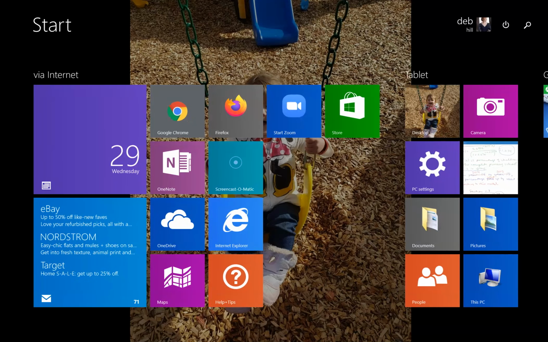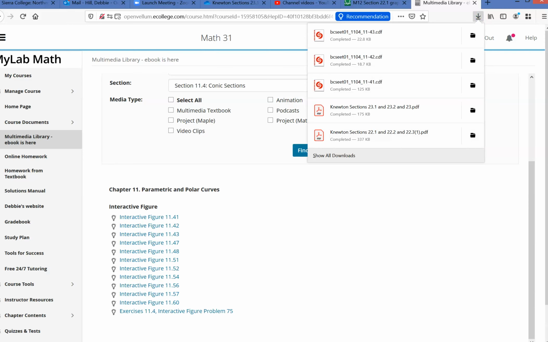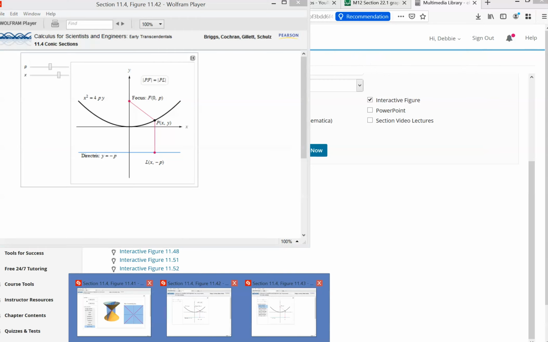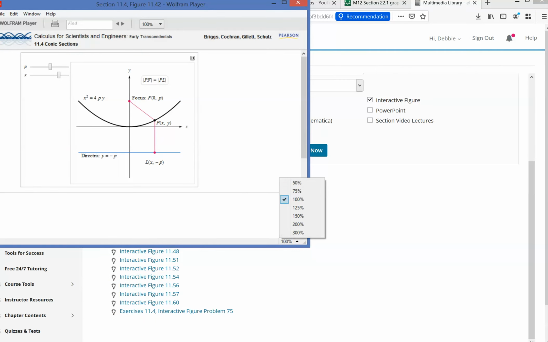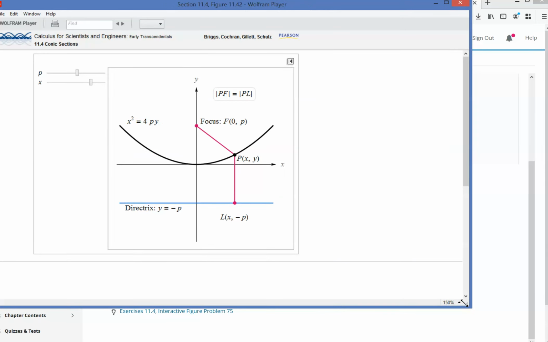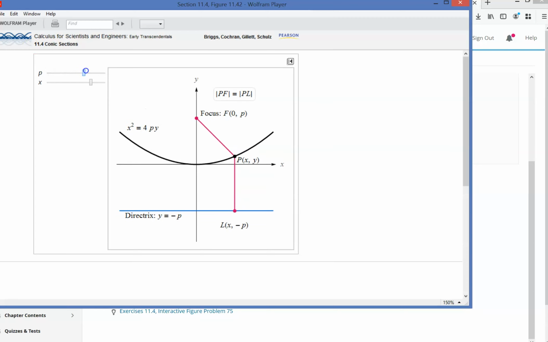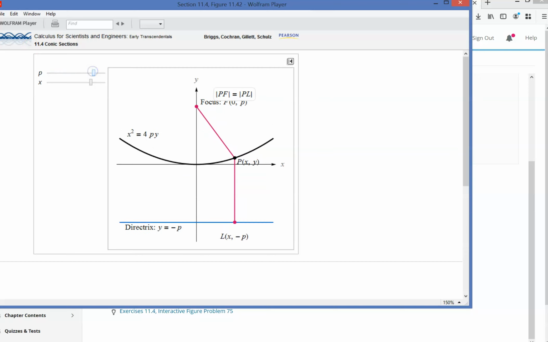And let's look at another one of these interactive figures where we can see this illustrated. So this is a parabola. And as I move the point P, notice the difference it makes to have the focus pushed way down inside the parabola: it makes the parabola a lot narrower. And if the focus is way far away from the vertex, it makes a much wider parabola.